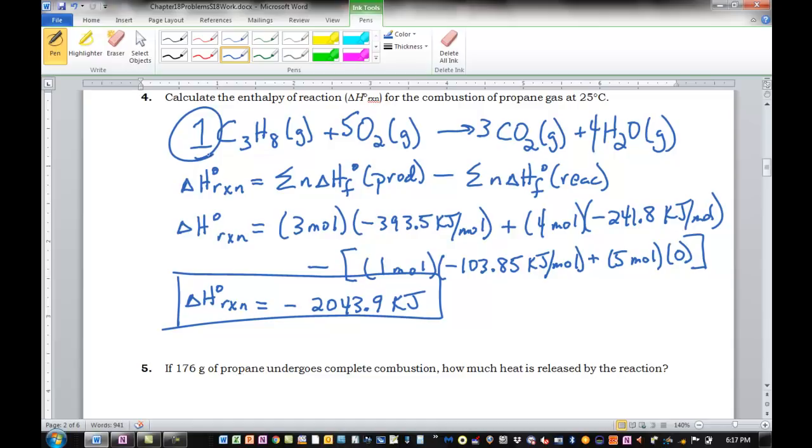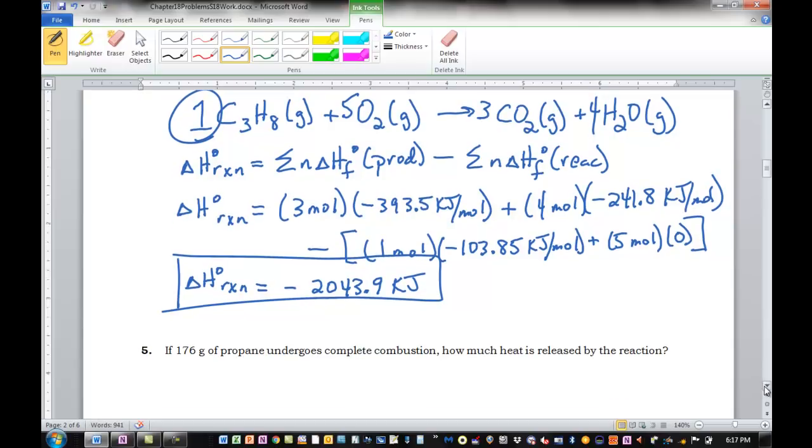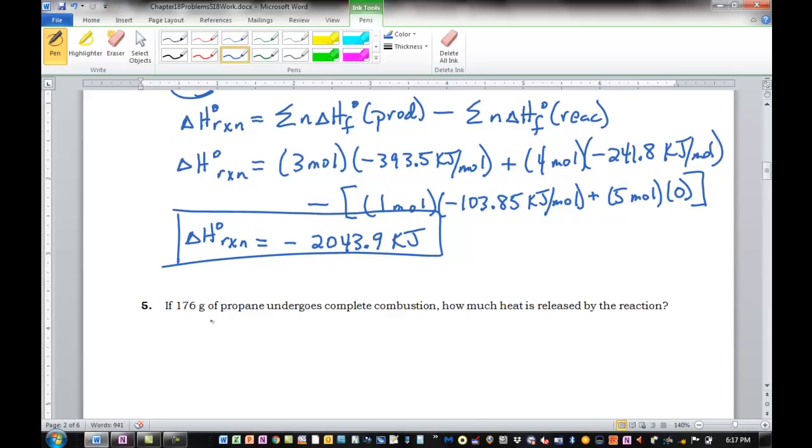Well, what if we react a different amount of propane? Well, of course, we're going to get a different amount of heat released. All right, well, let's see how much that is. We're going to react 176 grams. So propane, let's get its molar mass. 3 carbons at 12.01 each. 8 hydrogens at 1.008 each.